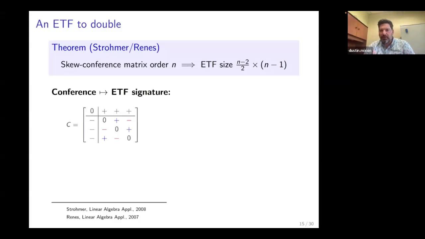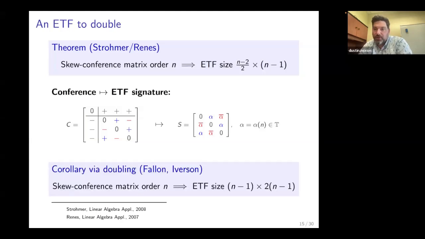Okay, this is where the off by 1 is coming from. And that core, you can force to be the signature matrix of an ETF. There exists a phase that you can throw in here that makes it satisfy the conditions. And if you were to run doubling on that skew conference matrix, you'll end up with an n minus 1 by 2(n minus 1) ETF.